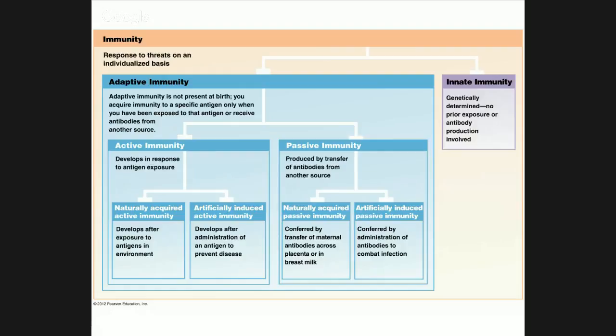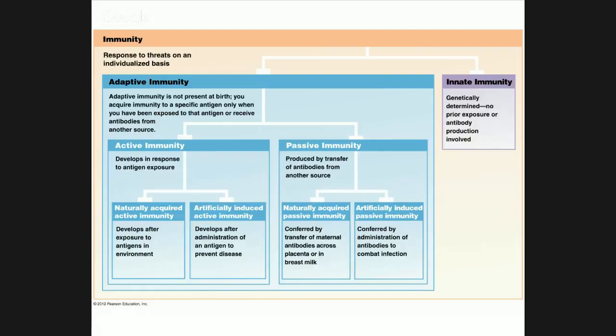Some of those happen in utero. There's a transfer of immunity across the placental system, I guess is the way to say it. Whatever your mother was immune to, you acquired some of that immunity from her.